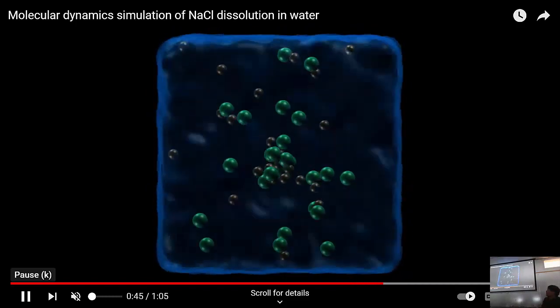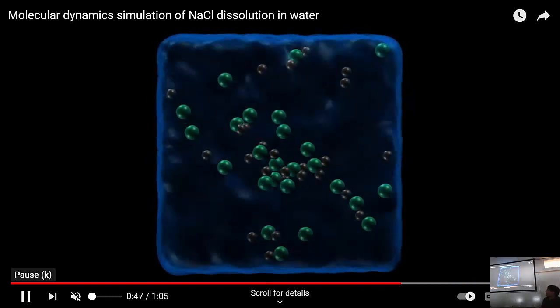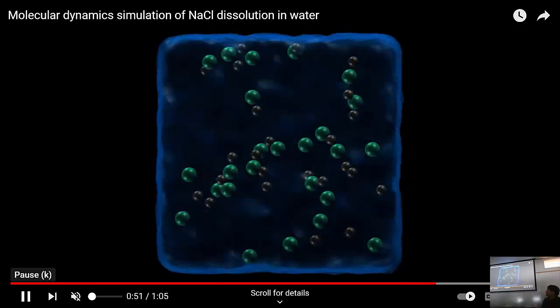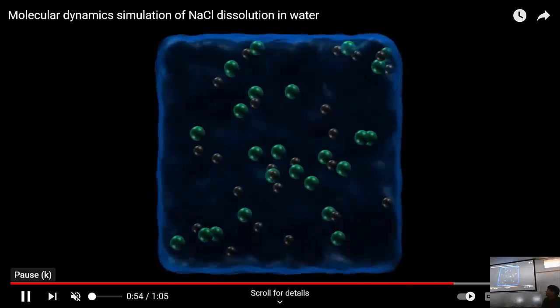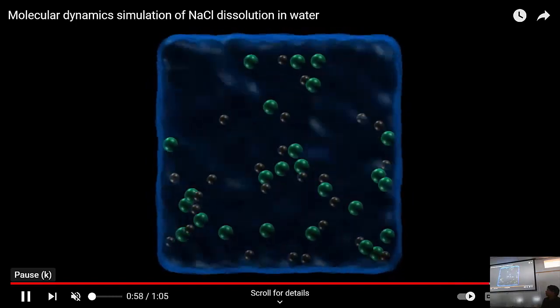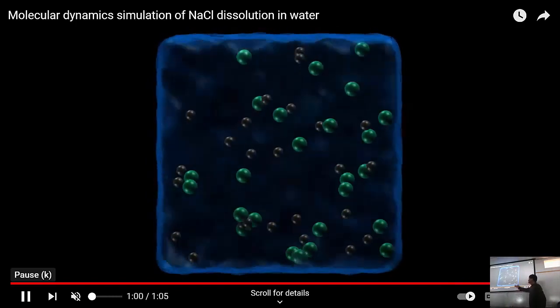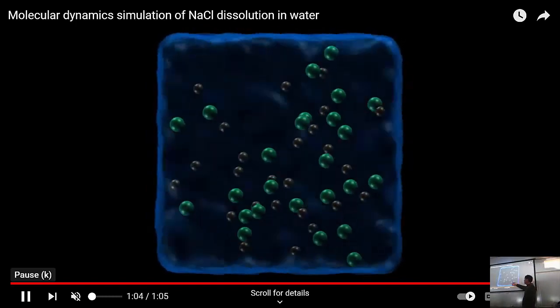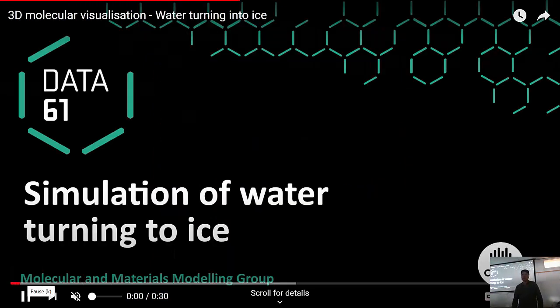Eventually the whole thing dissolved. And so this has got to be less than 36 grams per 100 milliliters worth of sodium chloride, since all of it dissolved, resulting in an unsaturated solution or maybe a saturated solution. We could try throwing some more solid sodium chloride in there to see if more will dissolve or not.